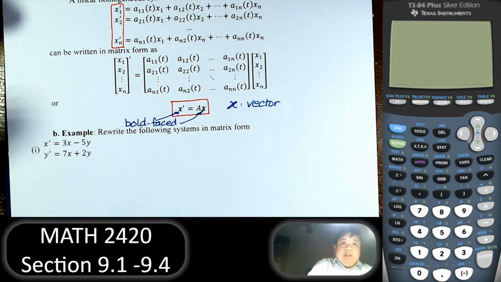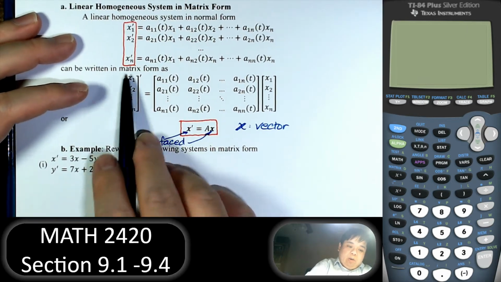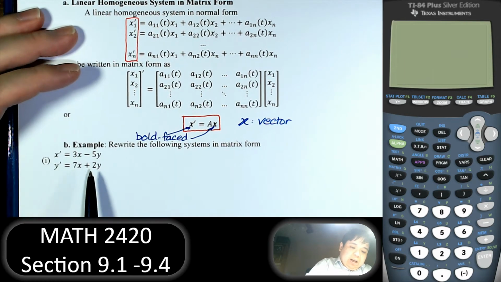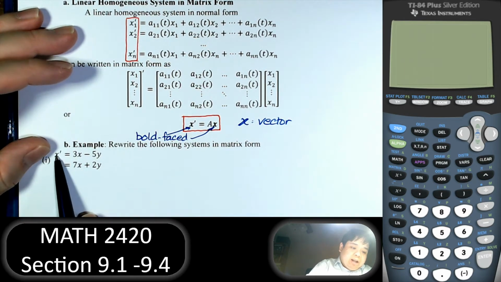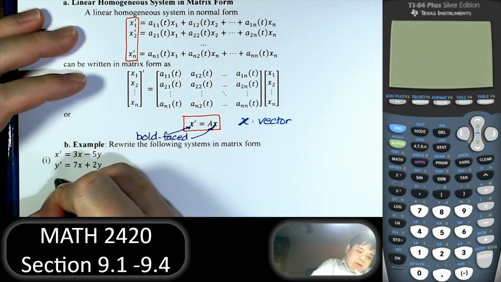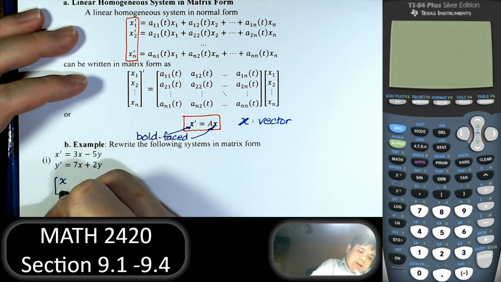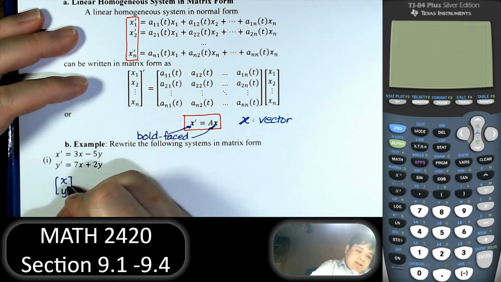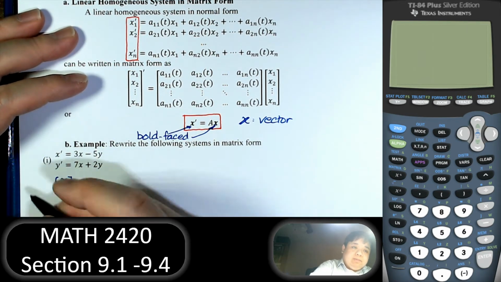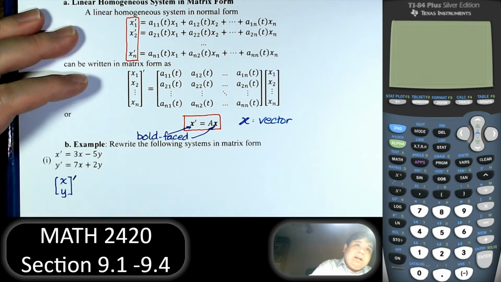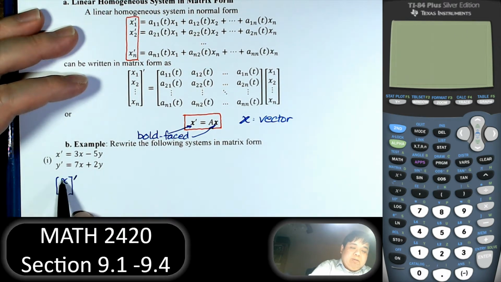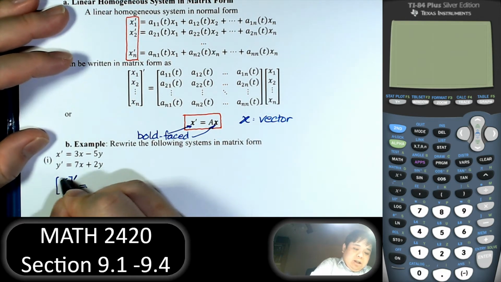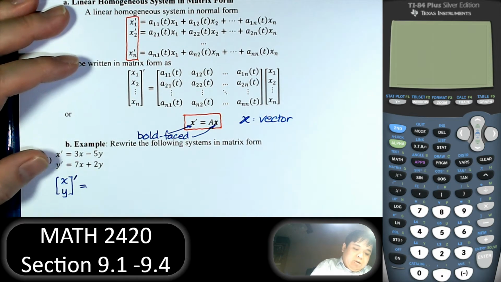Right, so simple enough. We put all the derivatives on one side and the functions on the other side. Now, let's look at this example. We have x prime, y prime. If we put both of them in a column vector and take the derivative, it's the derivative of the top entry and the derivative of the bottom entry, which is good.